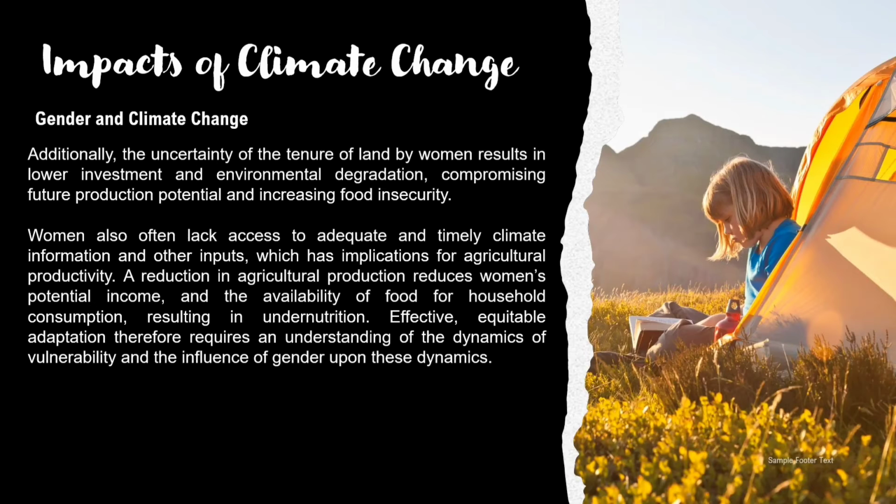A reduction in agricultural production reduces women's potential income, and the availability of food for household consumption, resulting in undernutrition. Effective, equitable adaptation therefore requires an understanding of the dynamics of vulnerability and the influence of gender upon these dynamics.